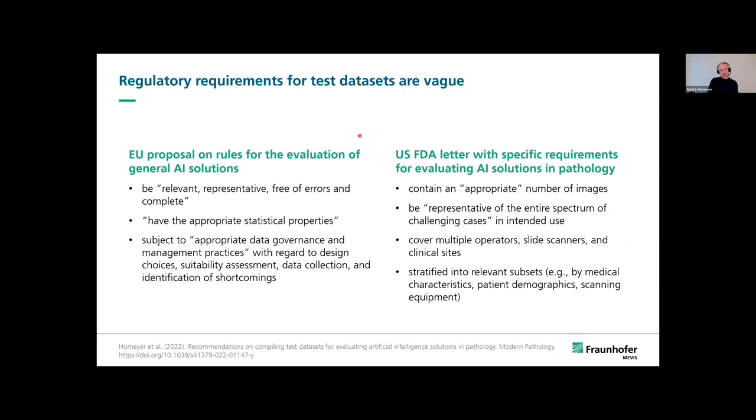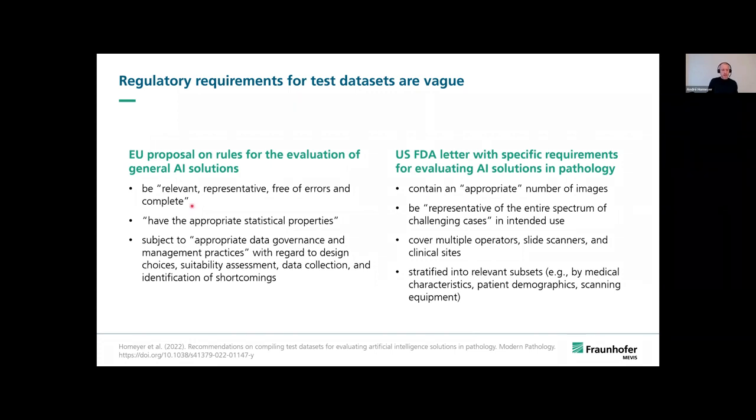In both the European Union and the United States, the regulatory requirements for the evaluation of AI solutions in pathology are still new or are still under development. In 2021, the European Union released a proposal on rules for the evaluation of general AI solutions, so not specific to medicine. And in this proposal, they also impose certain requirements for test datasets.